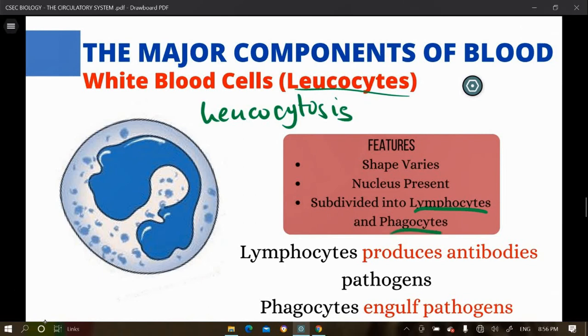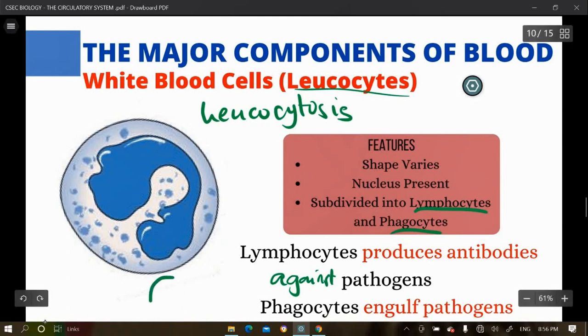Now, the difference between lymphocytes and phagocytes is that lymphocytes produce antibodies that will fight against pathogens, alright? While phagocytes will engulf the pathogen. Engulf meaning, let's say this is a cell, the white blood cell, or let's say it's the phagocyte.